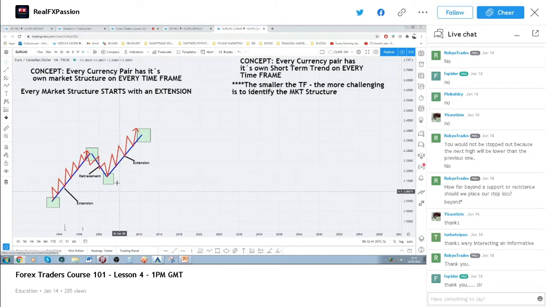New vocabulary for the beginner trader. We are in an up structure, the blue lines: structural low, structural high, structural low, structural high. We have an up structure, but if the market would be here making lower lows, lower highs, this would be an up retracement.